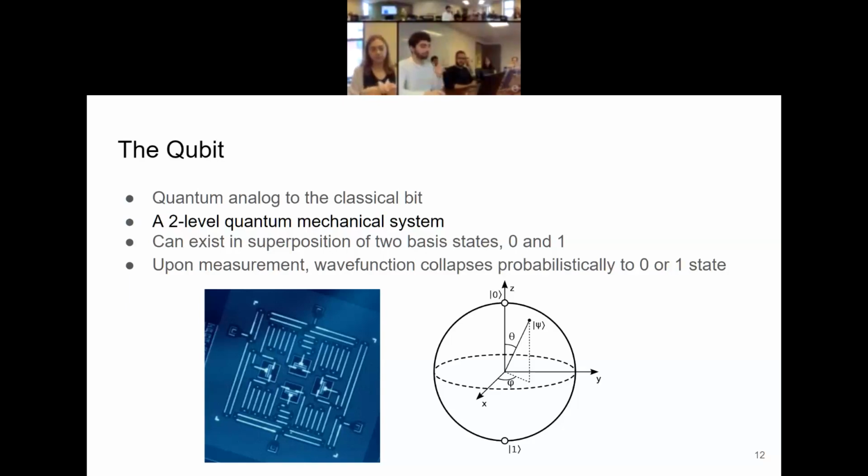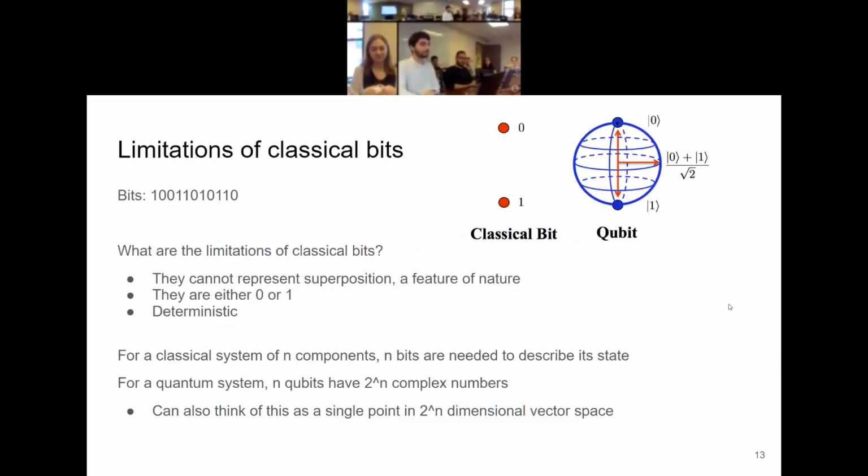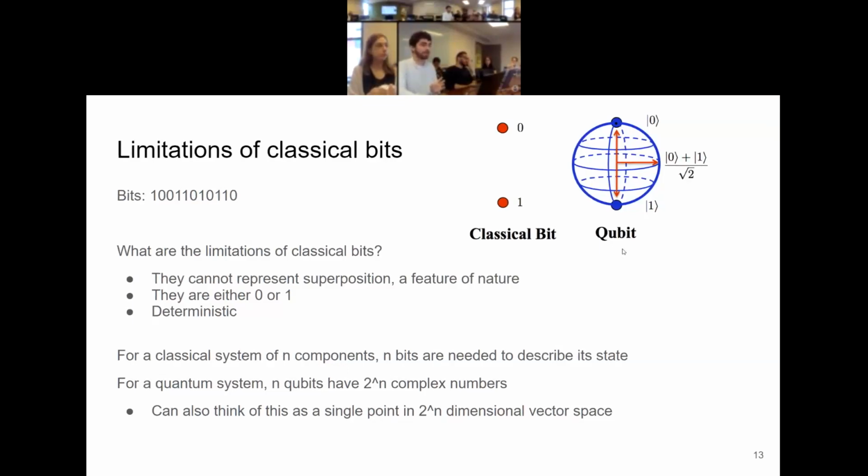I'll elaborate more. Up here you can see an interesting diagram showing the 2 schematics for a classical bit versus a qubit. On the left, you have 0 and 1. There's 2 options, that's the end of it. On the right, we have the Bloch sphere, which is the diagram we looked at earlier, which is essentially a 2D surface forming a sphere.